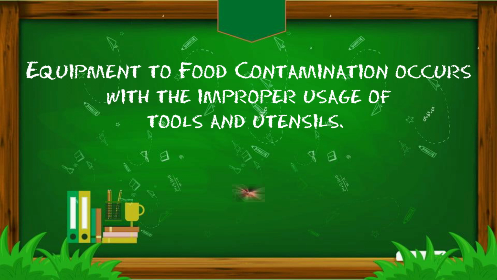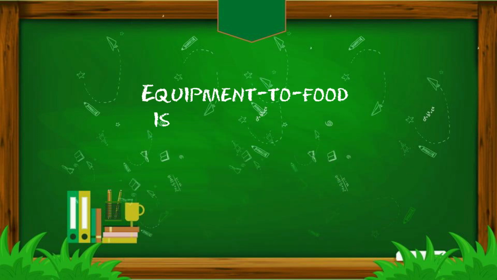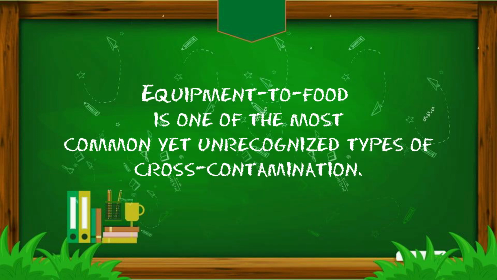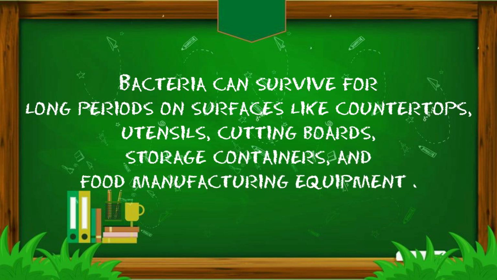Last, equipment-to-food contamination occurs with the improper use of tools and utensils. Equipment-to-food is one of the most common yet unrecognized types of cross-contamination. Bacteria can survive for long periods on surfaces like countertops, utensils, cutting boards, storage containers, and food manufacturing equipment.